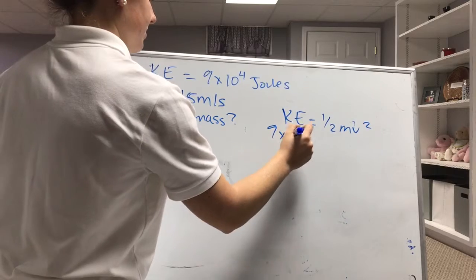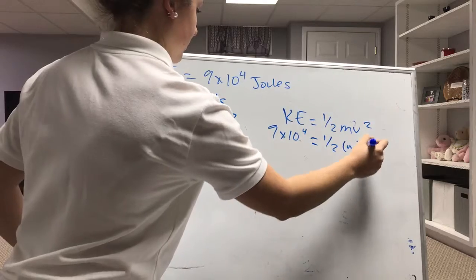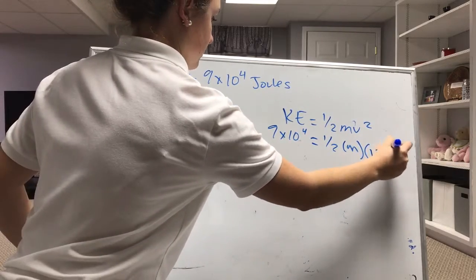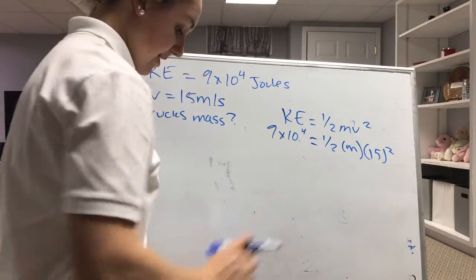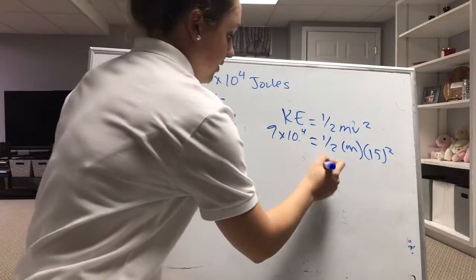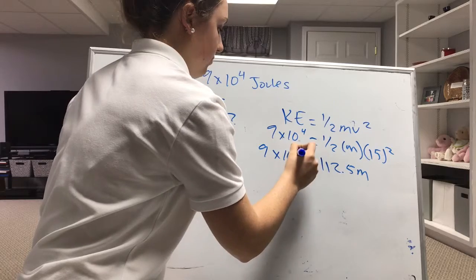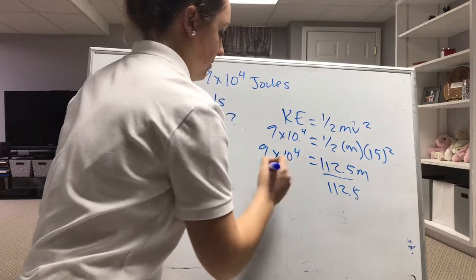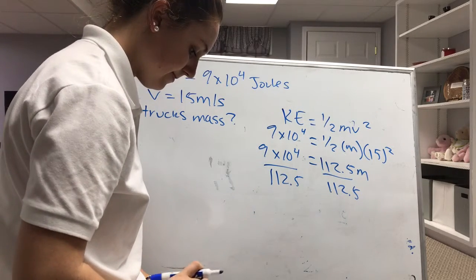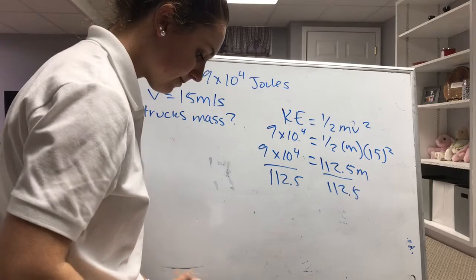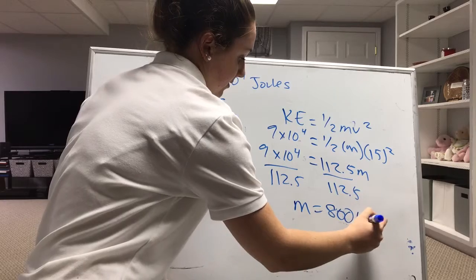Kinetic energy of 9 times 10 to the 4th joules is equal to 1/2 the mass we are looking for times velocity, 15 squared. So we know that 15 squared is equal to 225, times 1/2 is 112.5, times the mass is equal to 9 times 10 to the 4th. Well, when we divide by 112.5, we can assume that the mass of the truck is equal to 800 kilograms.